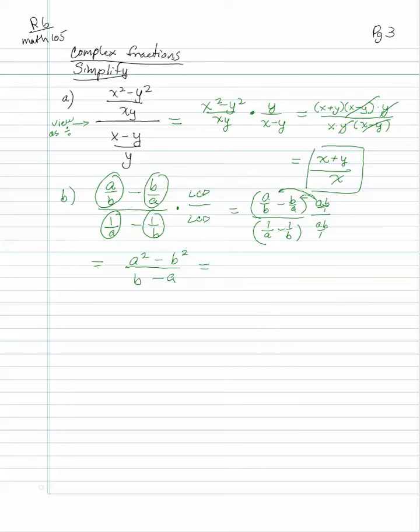Then we want to see if we can reduce it, so it's a plus b, a minus b on top, so you factor. And notice, b minus a is the same thing as a minus b, but with a negative taken out. So I switch it so I can cancel that. And then I can move the negative to the top, and I get negative a, negative b.